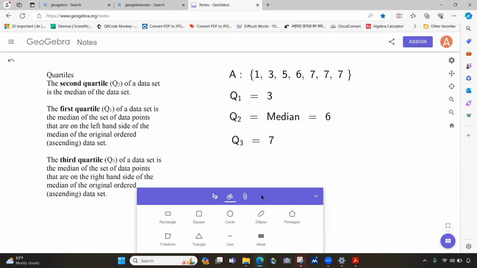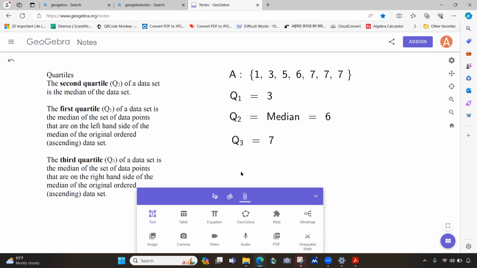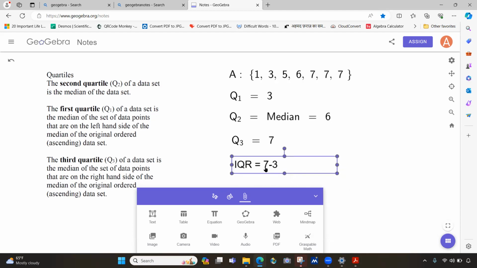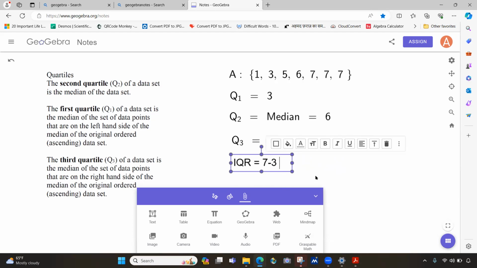So for this data set, IQR is 7 minus 3, which is 4. IQR is 4. Done. Okay.